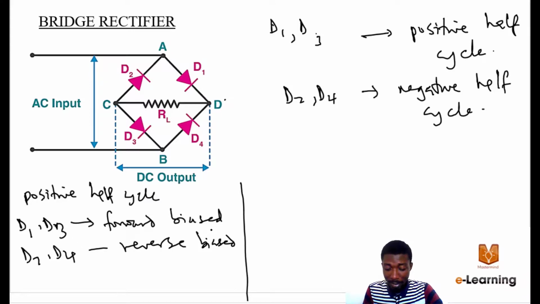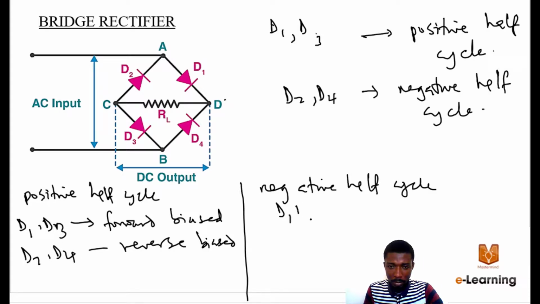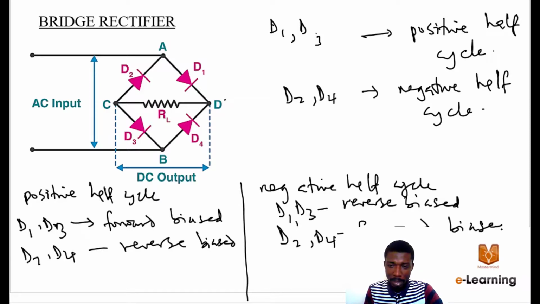During the negative half cycle, D1 and D3 now become reverse biased, meaning that no current will flow there, and then D2 and D4 become forward biased. Note how the exchange takes place.